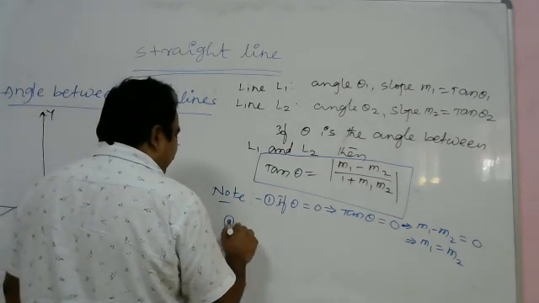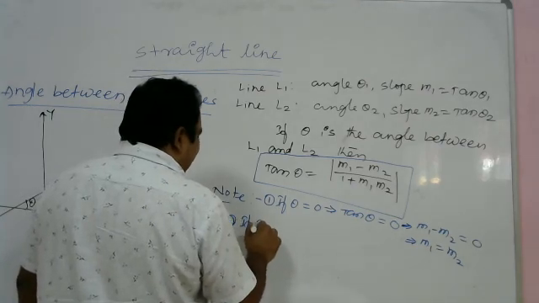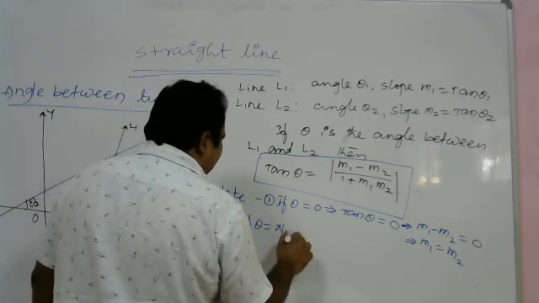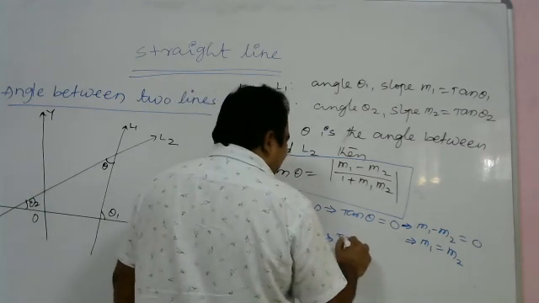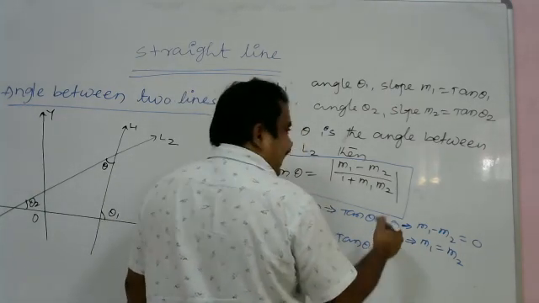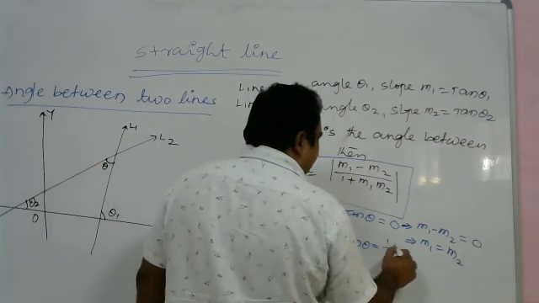Second case: suppose theta equals 90 degrees. Tan theta is sin 90 by cos 90, that is 1 by 0.